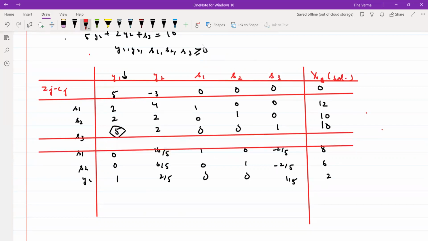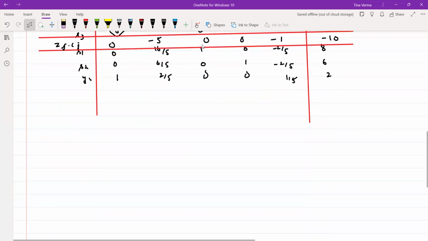So this is the entry for Zj minus Cj. It is coming out to be your 0, minus 5. This was coming out to be 0, 0, minus 1. Since optimality has been achieved because all my Zj minus Cj are less than or equal to 0 and this is the case of minimization. So this is coming out to be your minus 10.